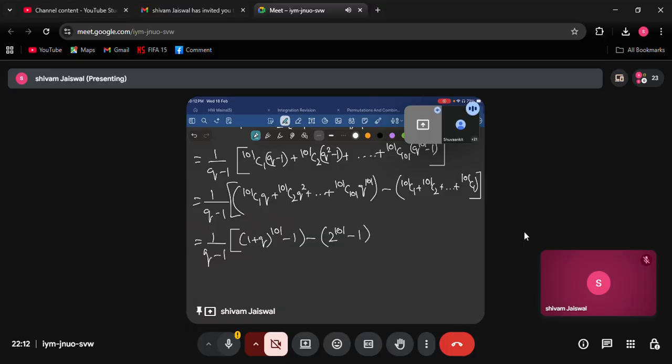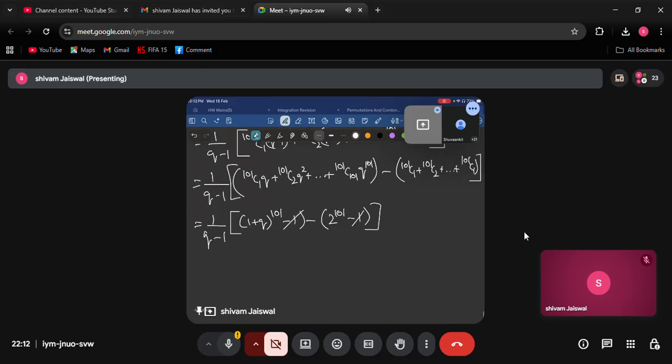From both of them, 1 will get cancelled. So finally we are going to get 1 upon (q minus 1) into ((1 plus q) whole to the power 101 minus 2 to the power 101).